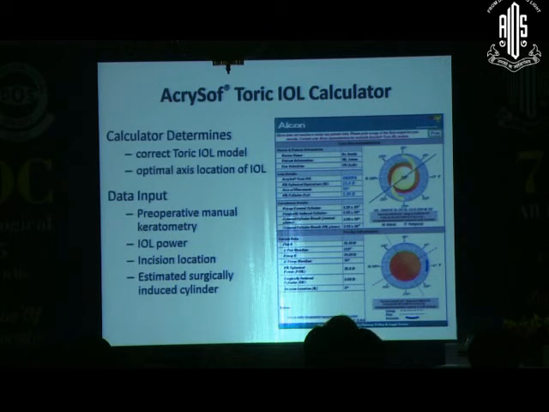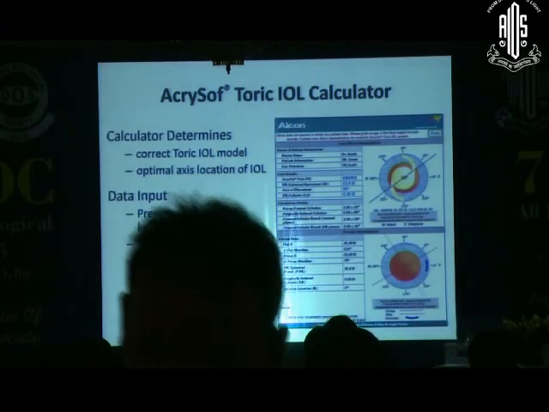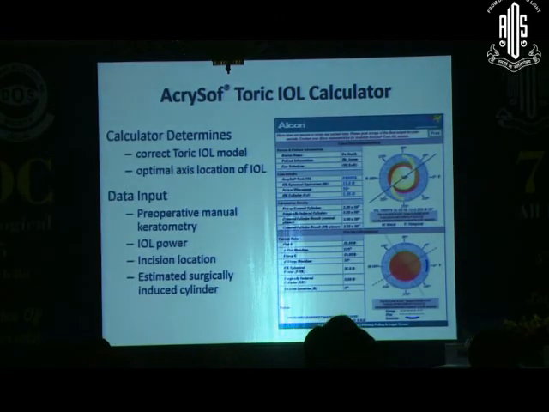The model is based only on that. Now, what are the inputs that you have to put in? Preoperative manual keratometry, then IOL power as calculated by any IOL formula, incision location, and your own surgically induced astigmatism. These four pieces of information you should have.